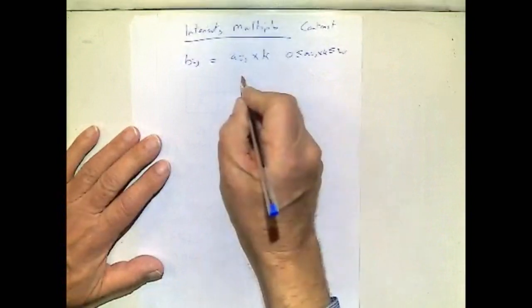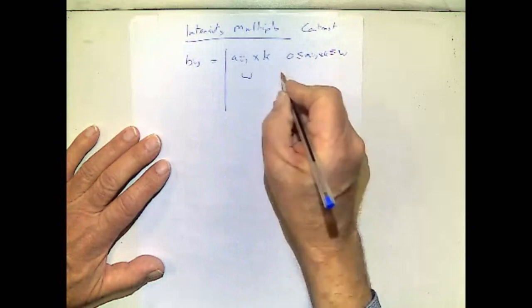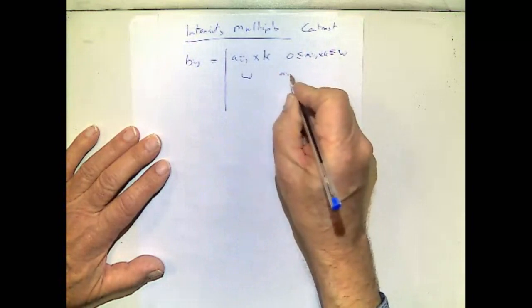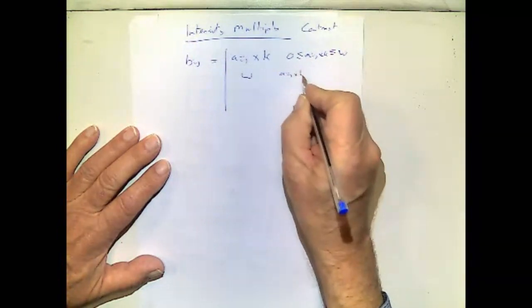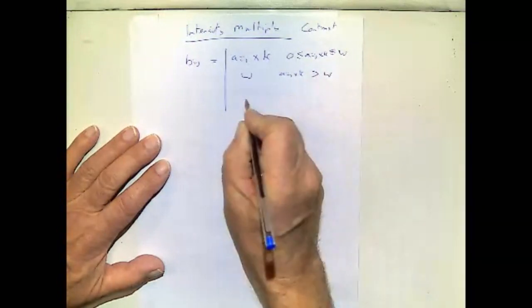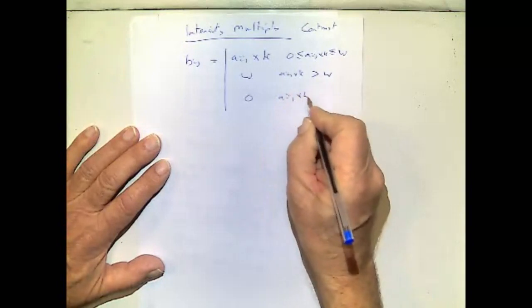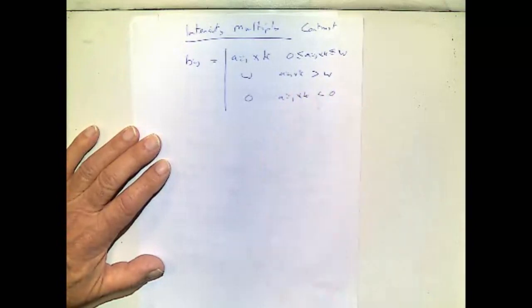If, however, we go to the limits, it becomes W if Aij times K is greater than W, and it becomes 0 if Aij times K is less than 0.